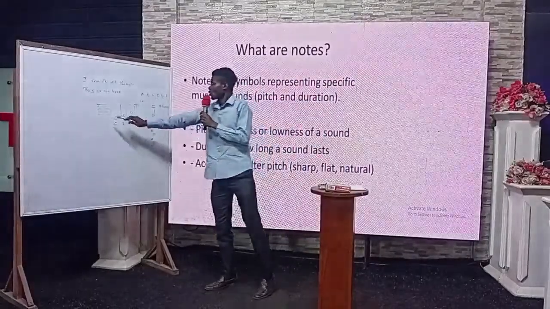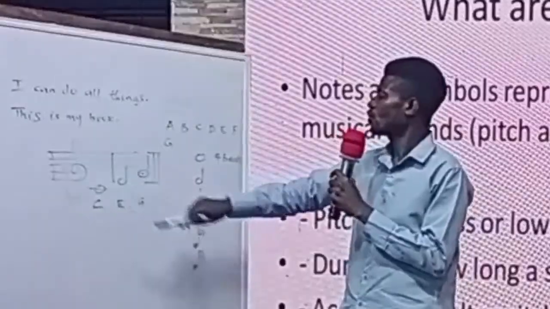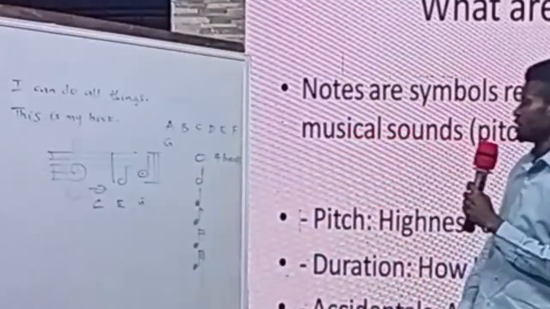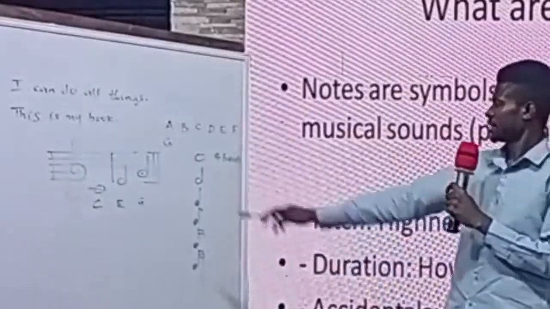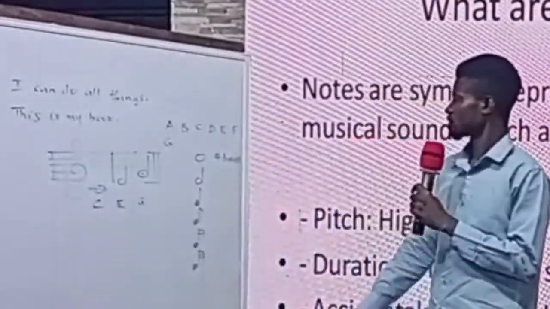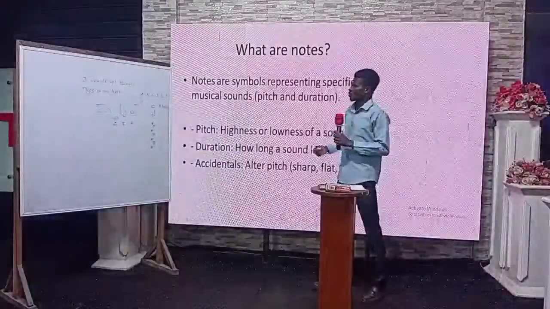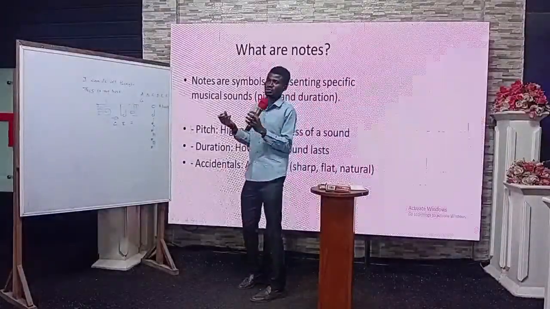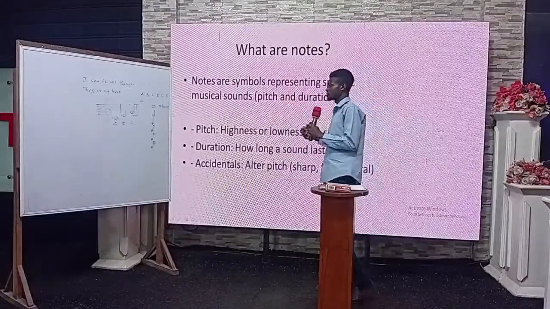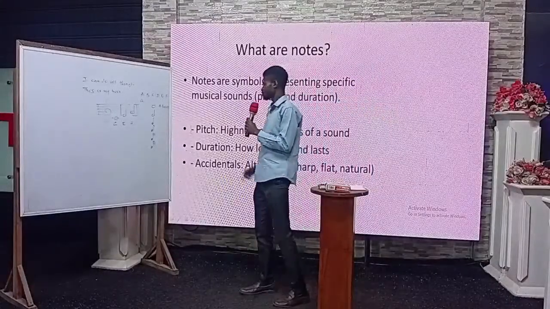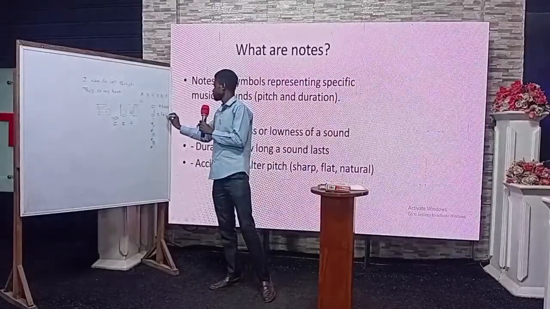Meaning that the first sound we have here has 4 beats duration, the next sound has 2 beats duration, and the third sound also has 2 beats duration. So when we bring different notes with different duration together, we can see that a rhythm, a musical phrase, is achieved. So these are the notes that we use in music.